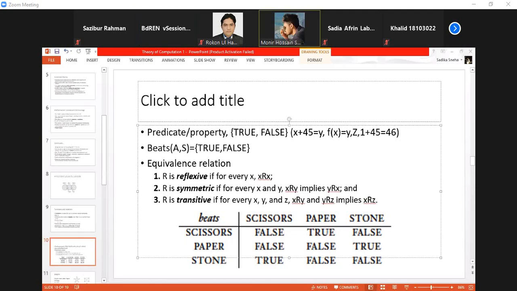Ma'am, is there any rule that if one is true, the rest are false? I did not understand. It is not like that for any particular operation. It is based on the function, what the output will be.